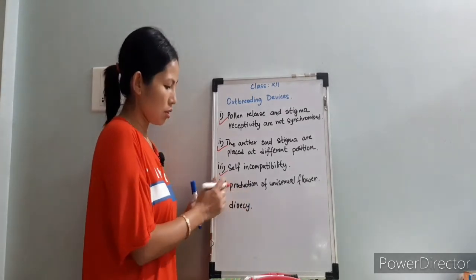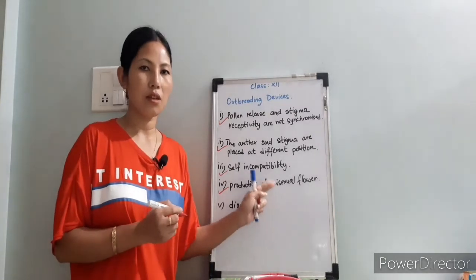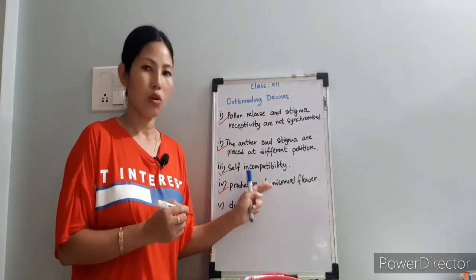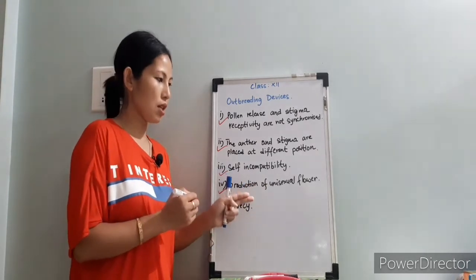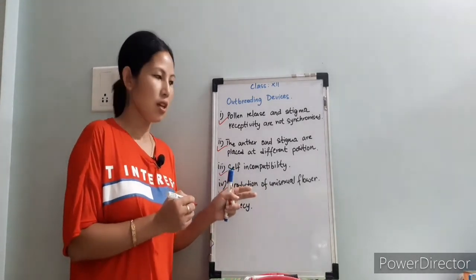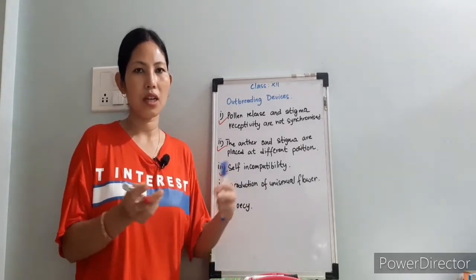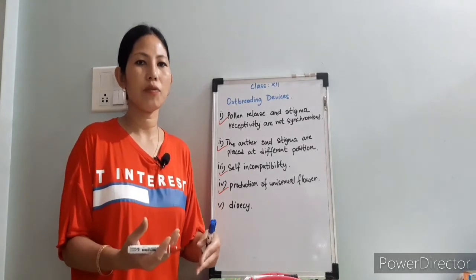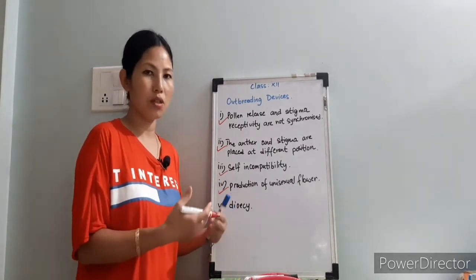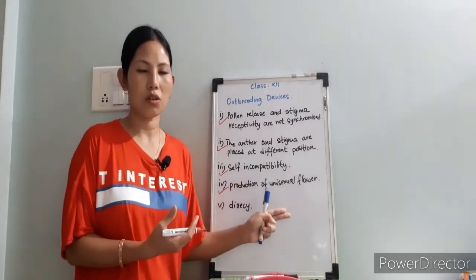So in this case, point number 4, they may prevent self-pollination or autogamy, but they will not prevent heterogamy, because still the plant will bear flowers which will have either the male or the female part, but they are within the same plant. So still there will be chances of autogamy or self-pollination. So it will not ensure heterogamy.